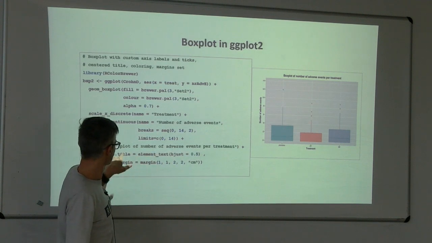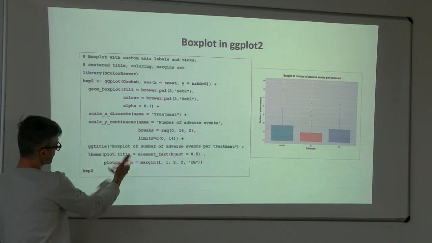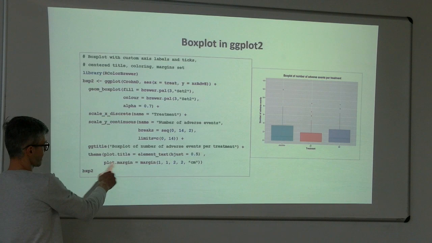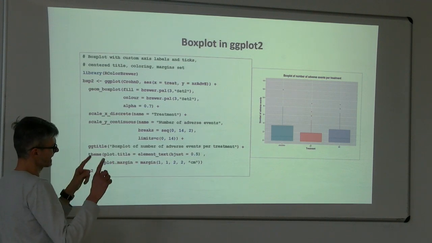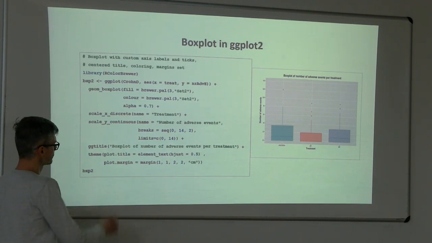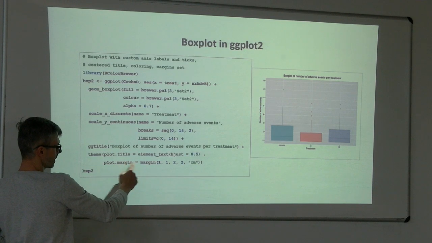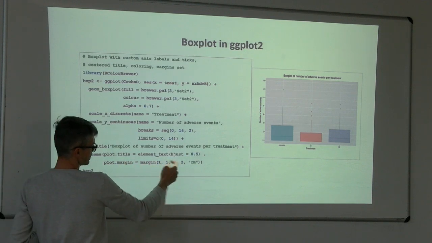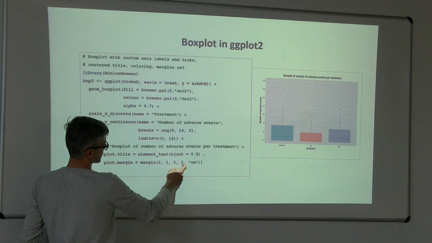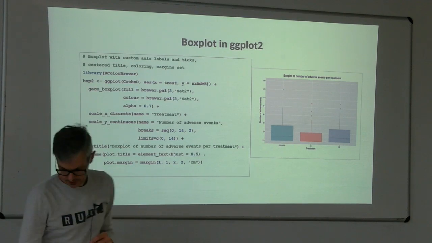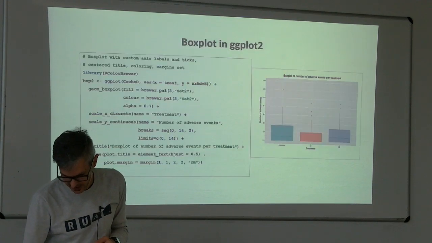Again, the title in the middle, and then here another extra option. Sometimes it's useful to add some more margin. So we did this differently in the base graphics. In ggplot, actually what you do is plot.margin, margin, and then this is here each time the centimeter that you can specify. So that is the last example.